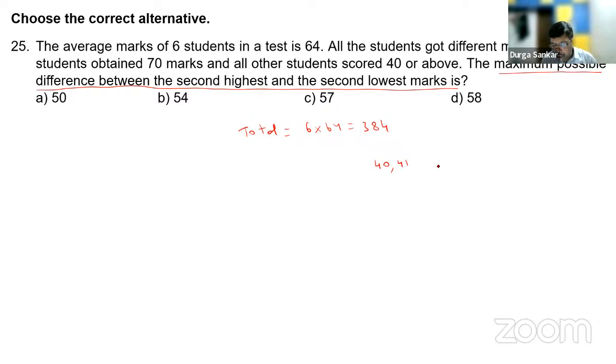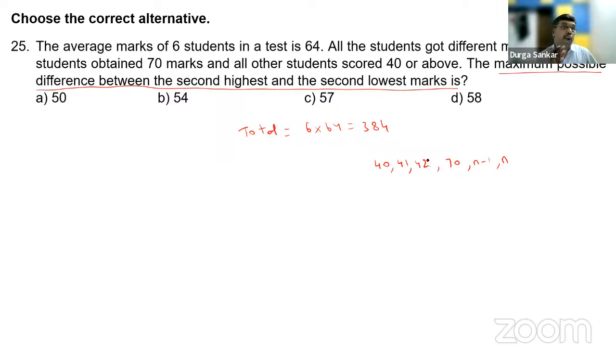Now, one student has got 70 marks and I want the second highest to be maximum. If I say the maximum is n, then the second highest is n minus 1. And if I want the value of n to be maximum, the remaining values must be minimum. So I can say the person who scored the third lowest is 42.